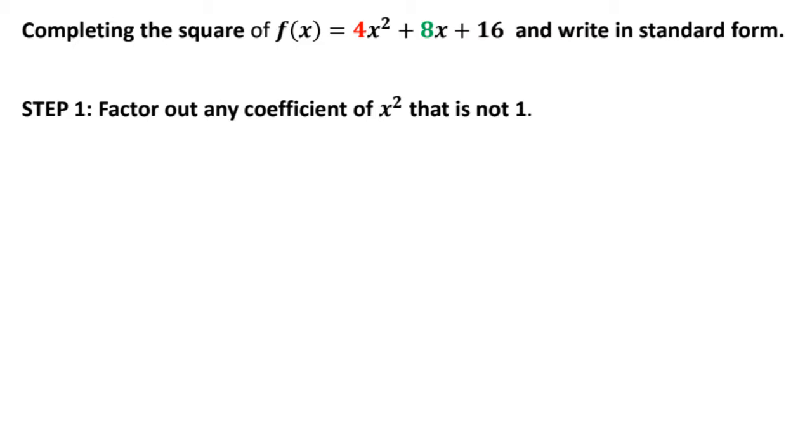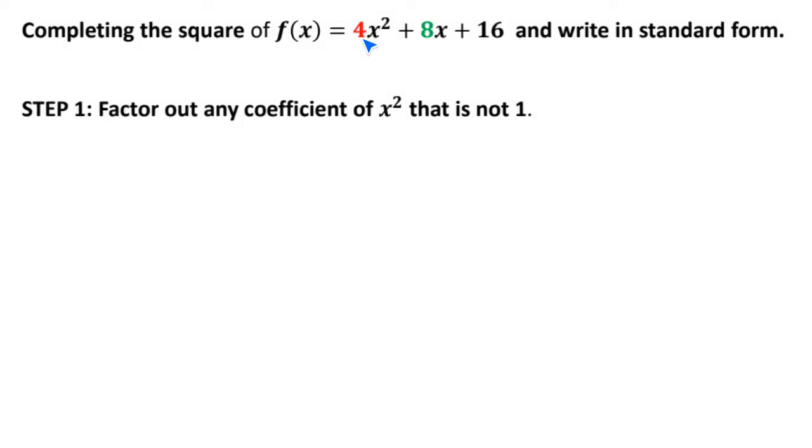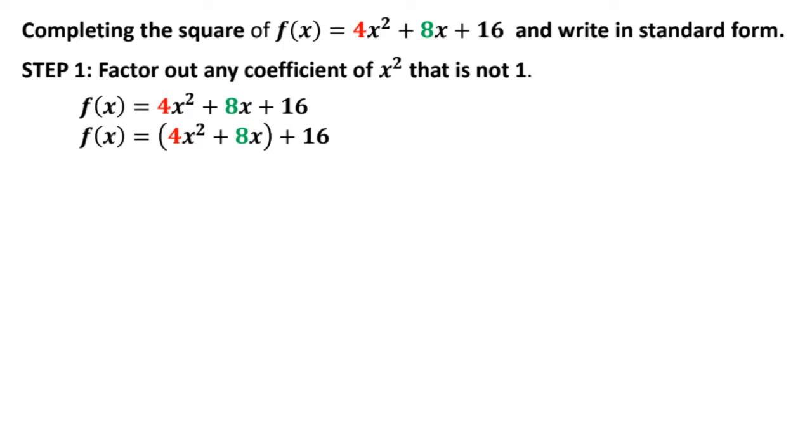So the first thing we need to do is, in order for us to complete the square, the a has to be a 1. So in this case, it's not. Our a value is a 4. So what we want to do is factor out that 4 only from our 2 x terms. So we're going to isolate the 4x squared plus 8x, and factor out that 4.